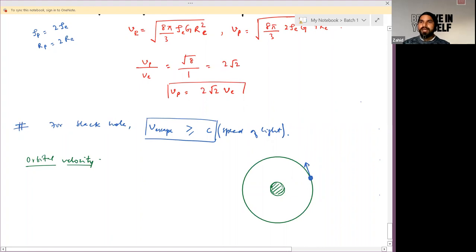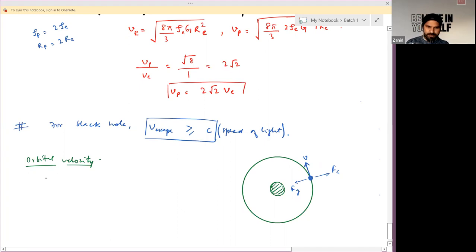So it must have some velocity so that there will be a gravitational force towards the center of Earth experienced by this body, and there will be some outward force called centrifugal force due to its circular path. If these two forces cancel each other, the velocity with which the body may revolve along this circular path is called orbital velocity.